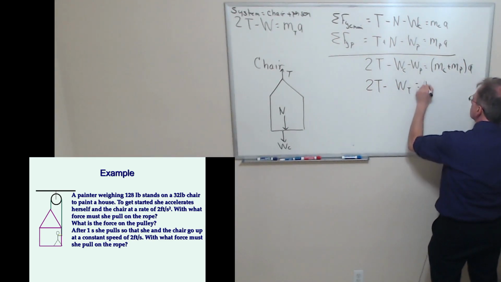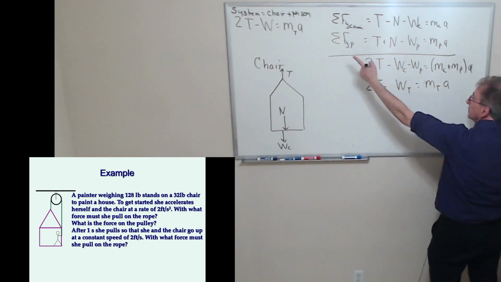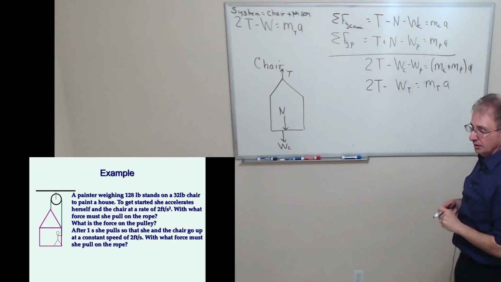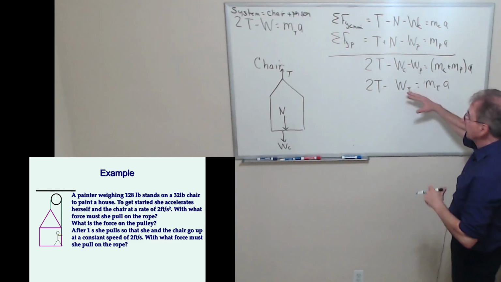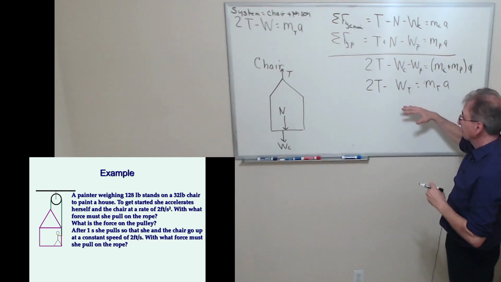And this is the total mass of the system. So as you can see, I get the same equation. It's just that I got to this a longer way, but this works too.